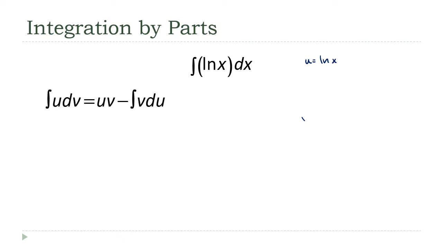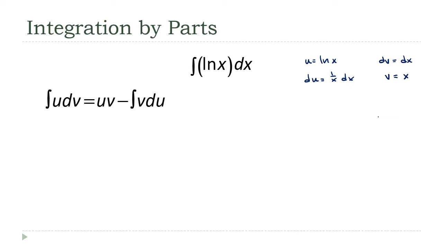Remember that's the part that I maybe can't integrate, but I can definitely differentiate. And then over here, I'm just going to let dv equal dx. Okay, well, so now differentiate the left side. du equals 1 over x dx. And if we integrate over here on the right side, v is equal to x.